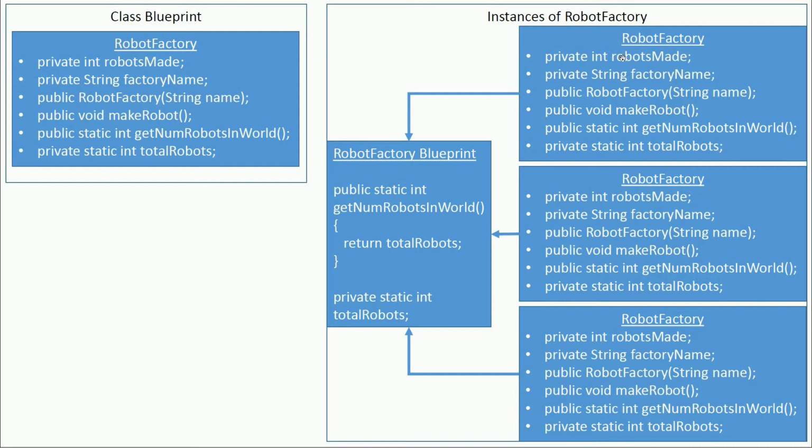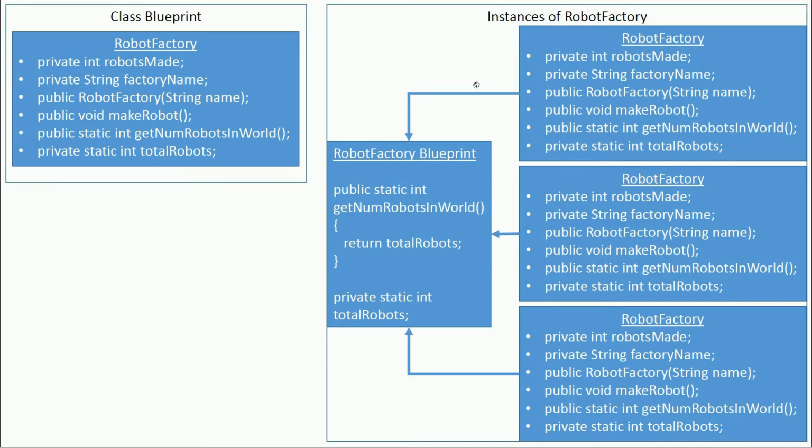So if I were to look at any given time at the robotsMade variable in the first instance and compare it to the second instance, since it's 2 different locations in memory, the values of those variables could be different. However, if I were to look at the variable totalRobots within the first instance or the second instance or the third instance, that's all referencing the same spot in memory.